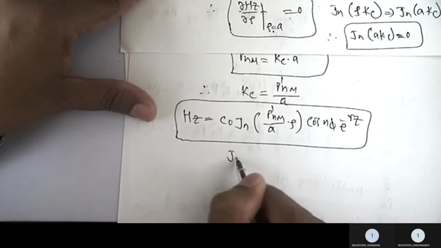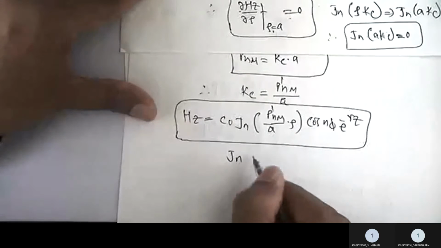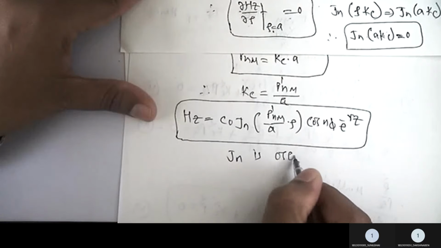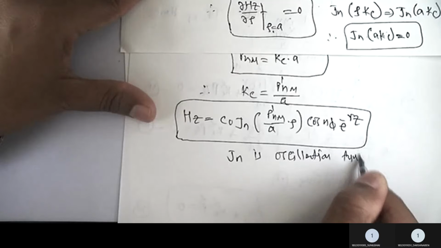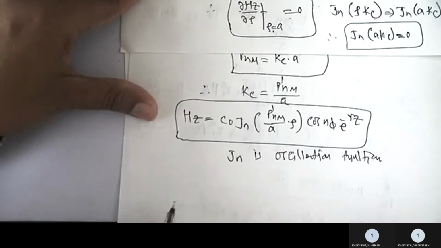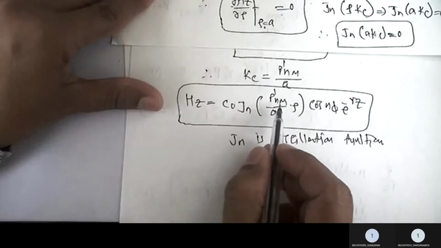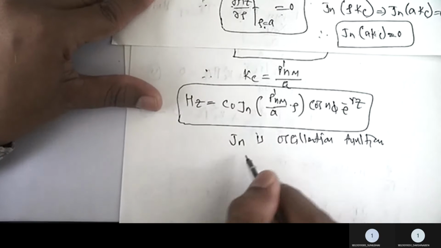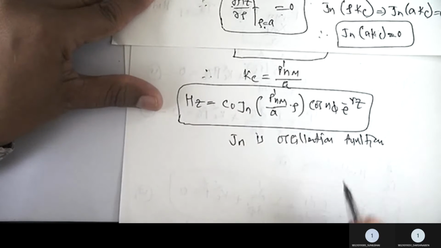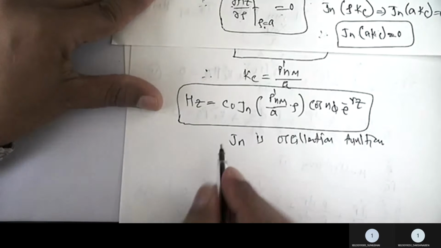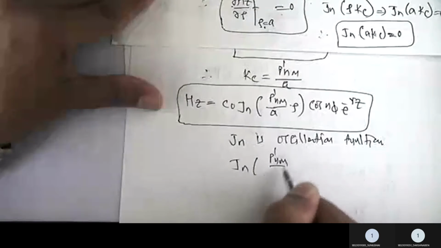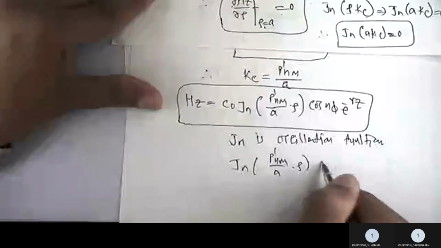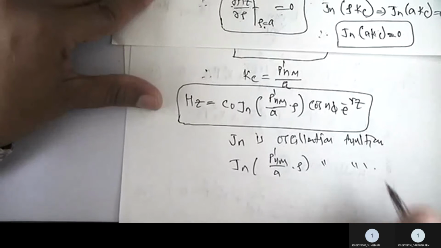So I can say that this J_n function is an oscillating function because of the Bessel function. So if the J_n function is an oscillating function, then obviously J_n of (p'_nm by a into rho) is also an oscillating function.